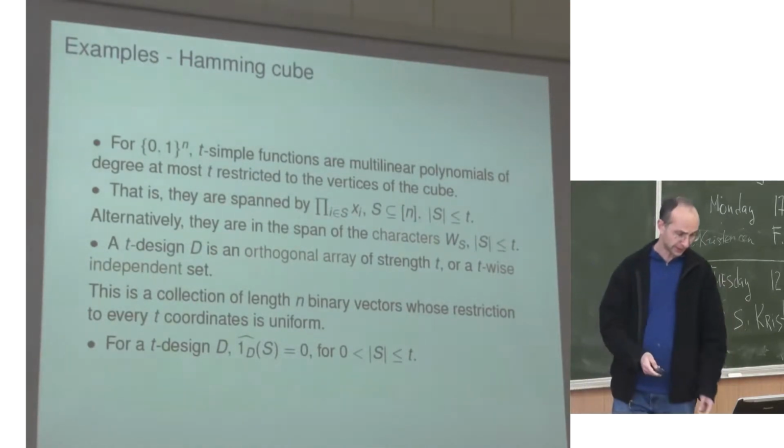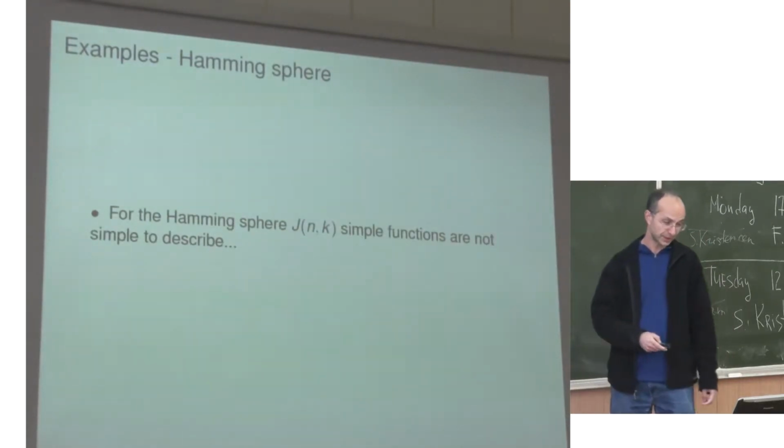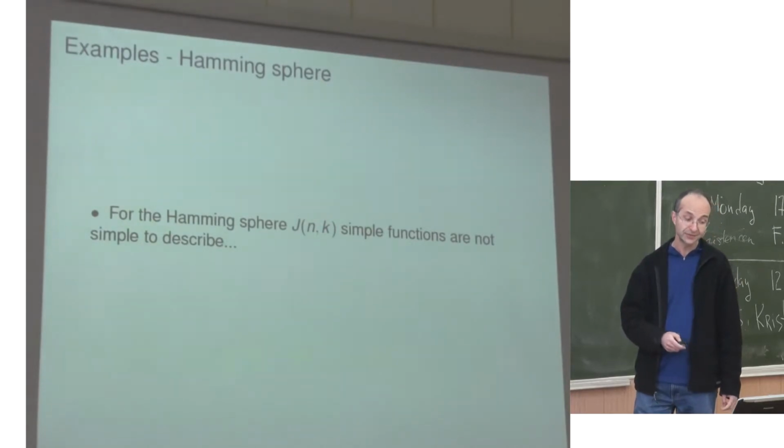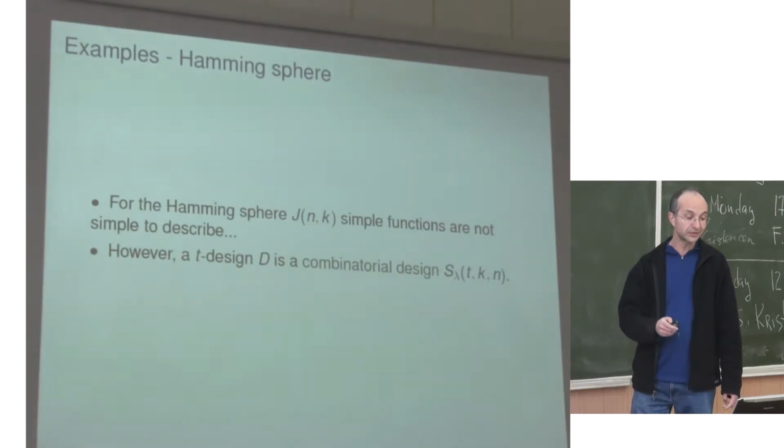And the last example is the Hamming sphere. For the Hamming sphere, there is no good description of simple functions. We can describe them, the description is slightly harder, but we do have a very good description of a design.